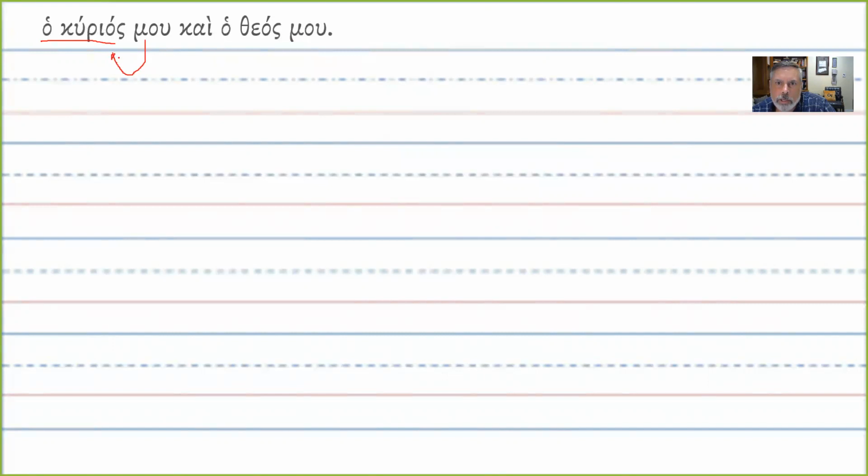So ho kurios mou, my Lord. And God, there's also the accusative or nominative. I did say this is nominative, right? Nominative, genitive, modifying that. Here's my nominative, God, and my, modifying God, or attributing God. So my Lord and my God.